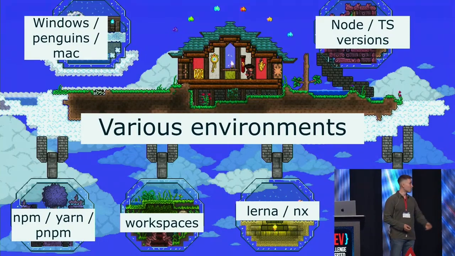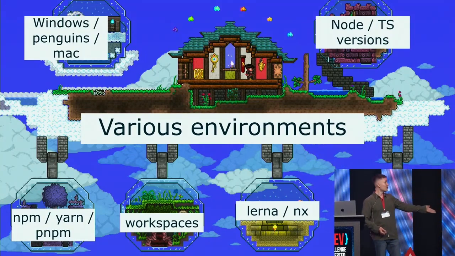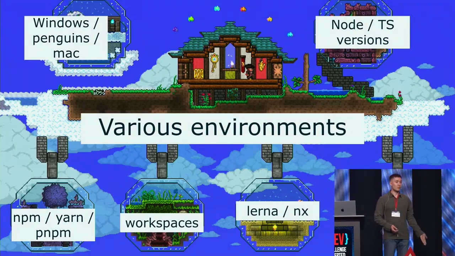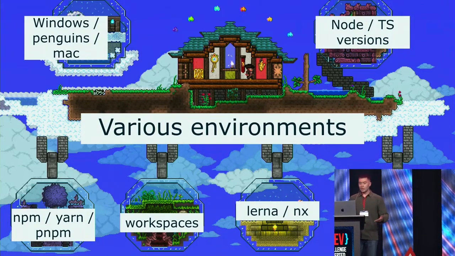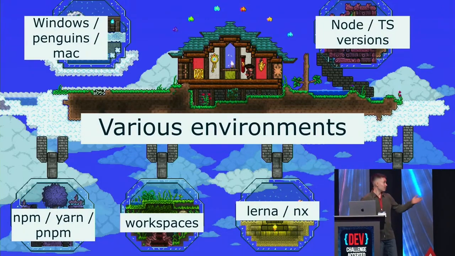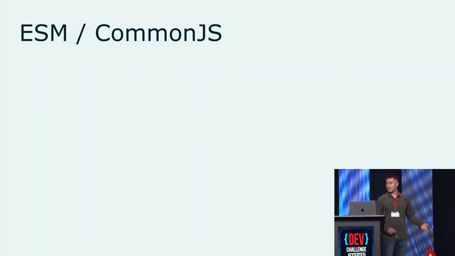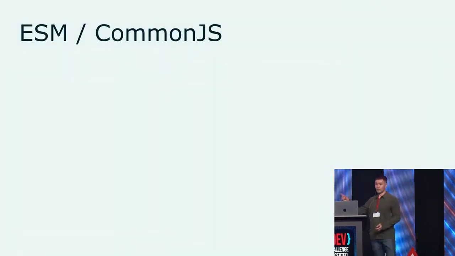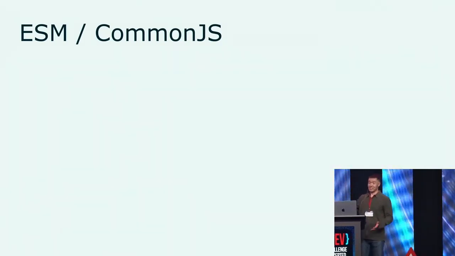We have monorepository tools. We have different bundlers, Node and TypeScript versions, and of course, operating systems. And when your user is going to install your stuff, they would expect these things to work. But have you tested it? You don't know. I would specifically pay attention to these tools, these things.